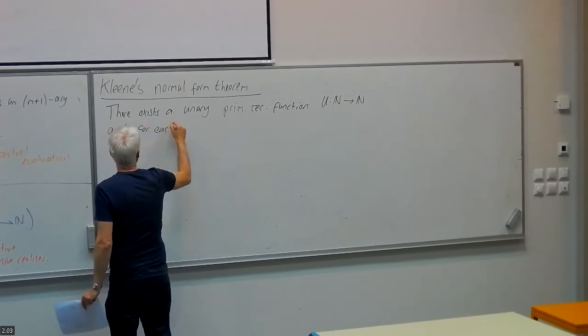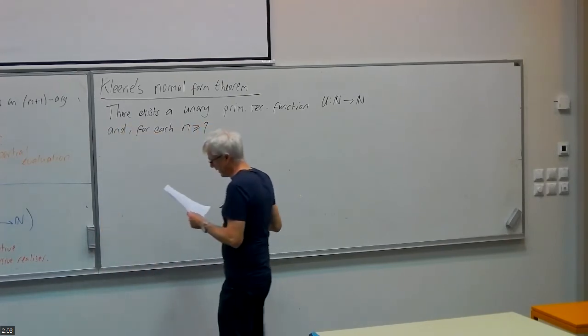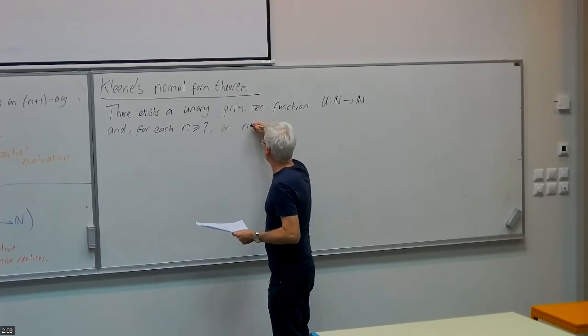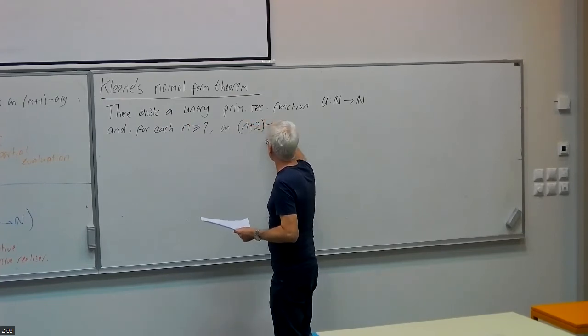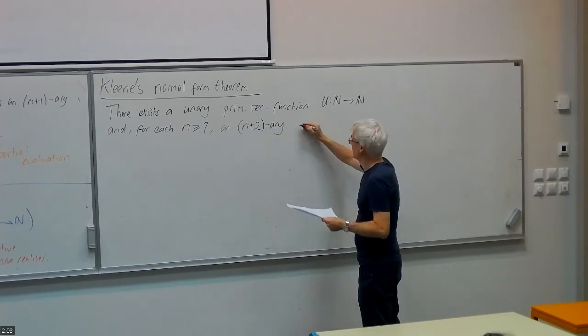And for each arity of at least one, n plus 2 arguments, so an n plus 2 arity primitive recursive function again.